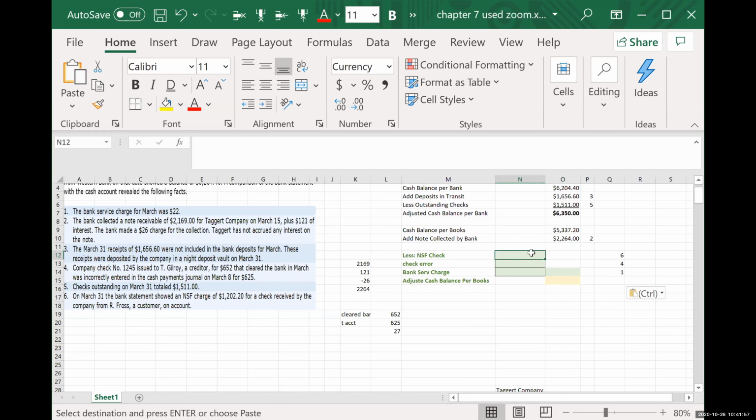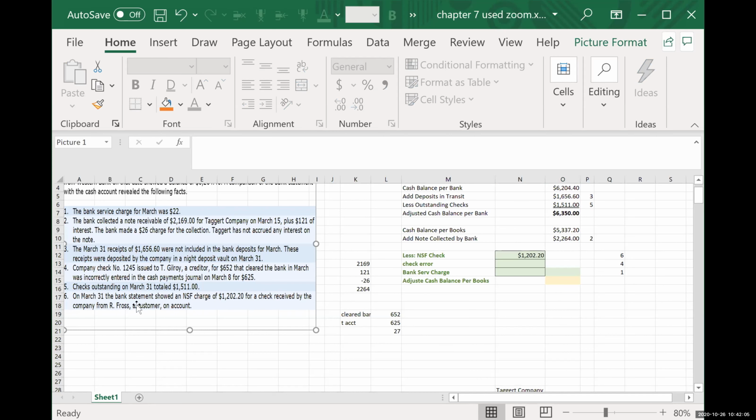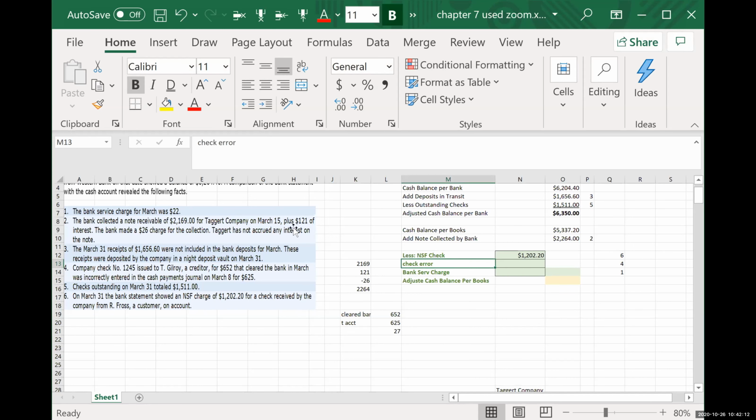So the first one is the non-sufficient funds check, right? Which is 1202.20, and that's number 6. See, on the bank had a non-sufficient funds check, 1202.20. Then the next thing we're going to do is less for the check error, right? And this should be indented like this. So the check error, and the check error was for $26.